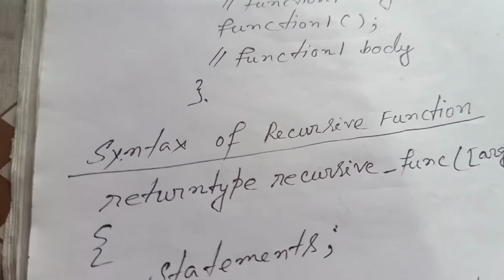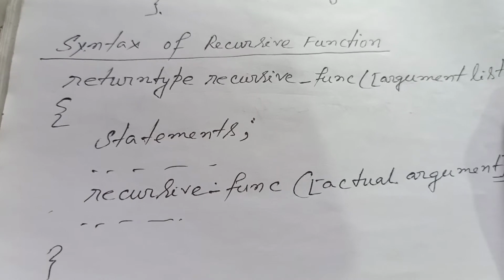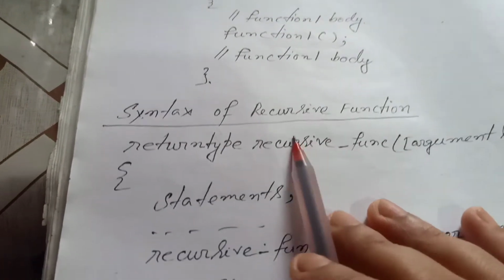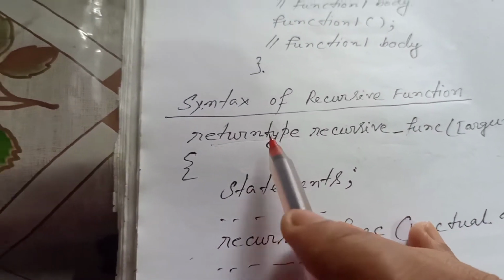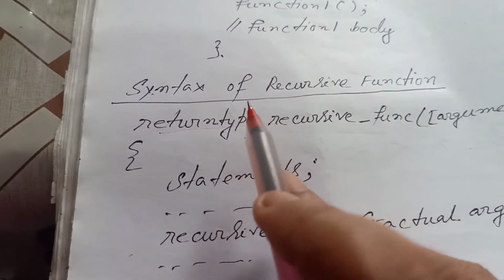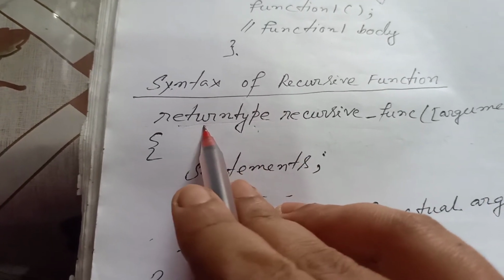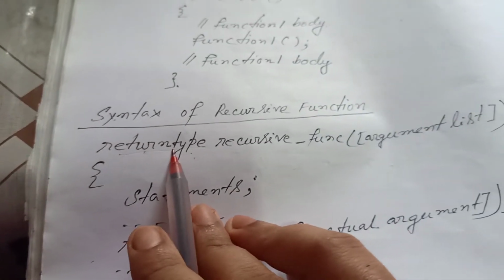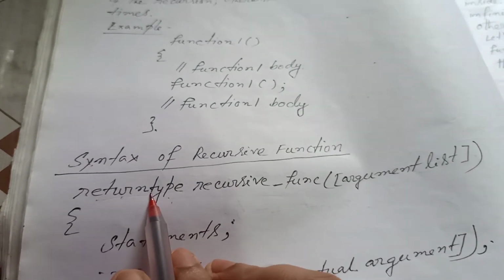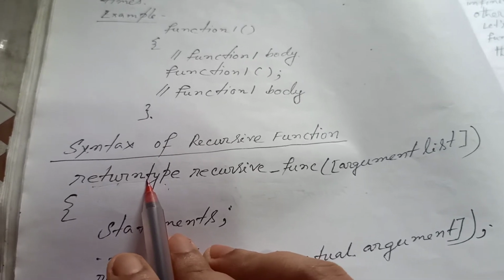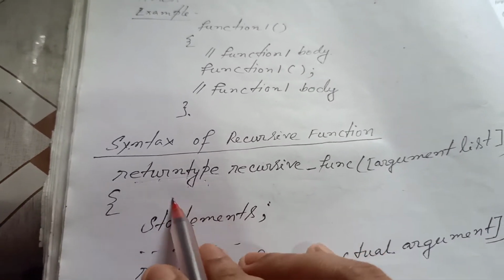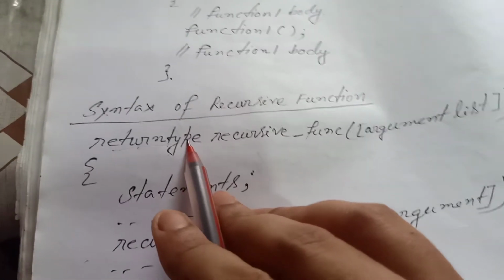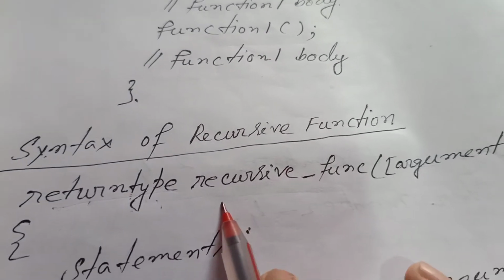So let's take a look at the syntax of a recursive function. What would be the syntax? First, we have to write the return type. As we have seen in the function, when we declare a function, first we have to put the return type, whether it is integer, float, char, or void.